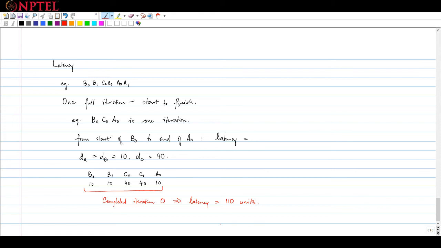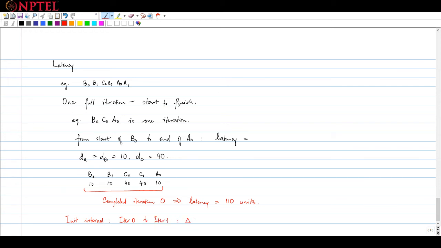The related question would basically be the initiation interval, right? So in terms of initiation interval, I have the time between iteration 0 to iteration 1.